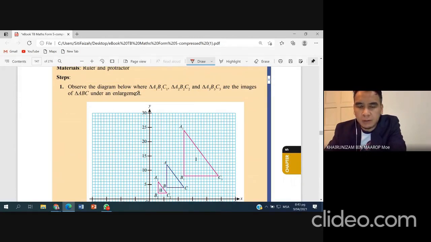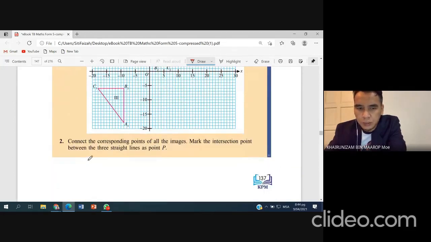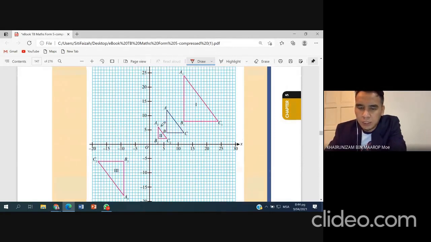Observe the diagram below. ABC, A'B'C', A''B''C'' are the images of triangle ABC under enlargement. So what we want to do is connect the corresponding points of the image. Mark the intersection point between the 3 straight lines as point P. Actually how?